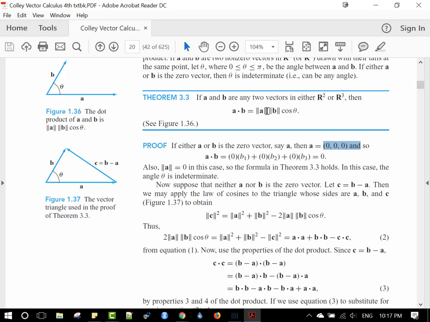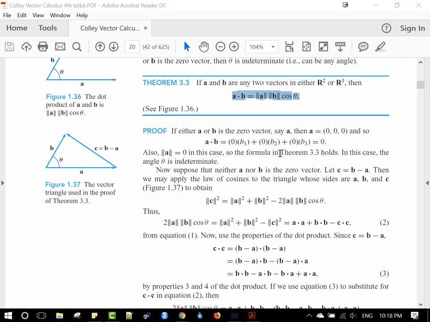Oh, then this is also 0. So then this side is 0. So in the special case when A is the zero vector, this is true. Why are we breaking it up into a special case? I'm not sure, but it's true. I guess they did that special case because they want to be able to say, okay, suppose that neither A nor B is 0.